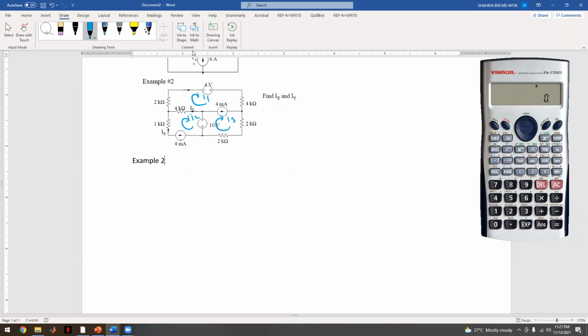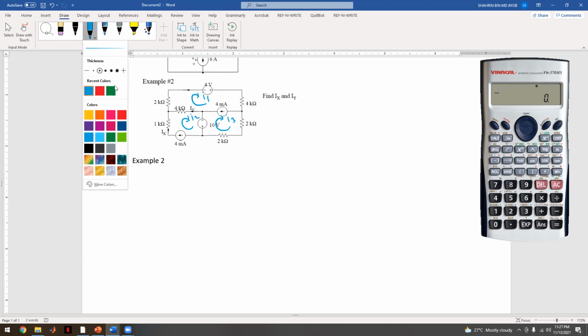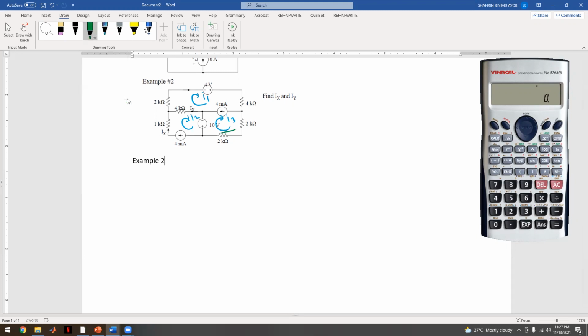As you can see, I1 and I3 share the current source, meaning that for this loop we need to use a super mesh.